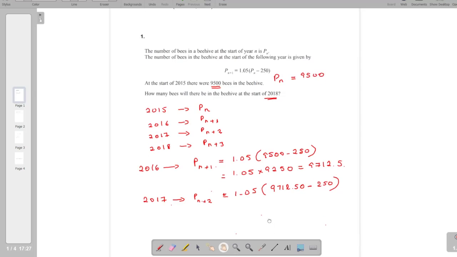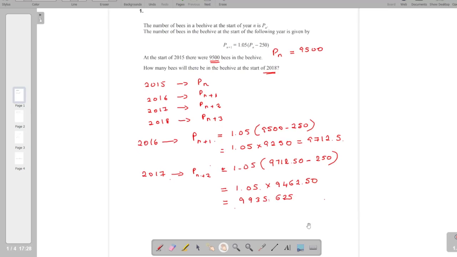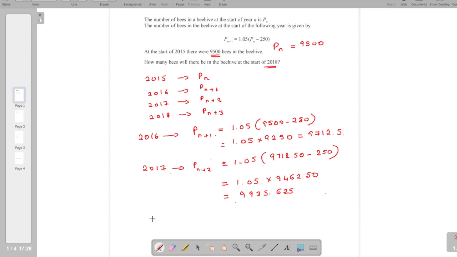So that will give us 1.05 times 9,462.50, which is 9,935.625. So now we're going to do 2018.